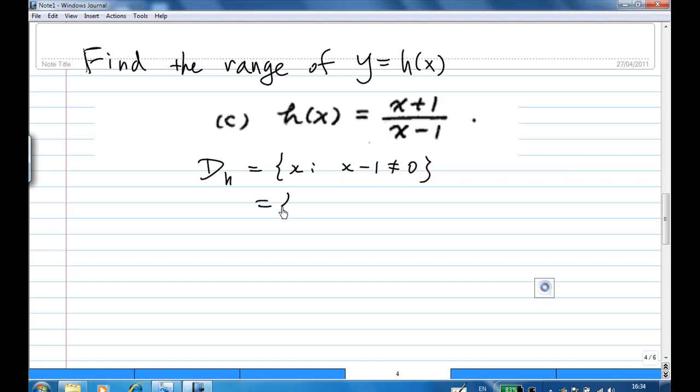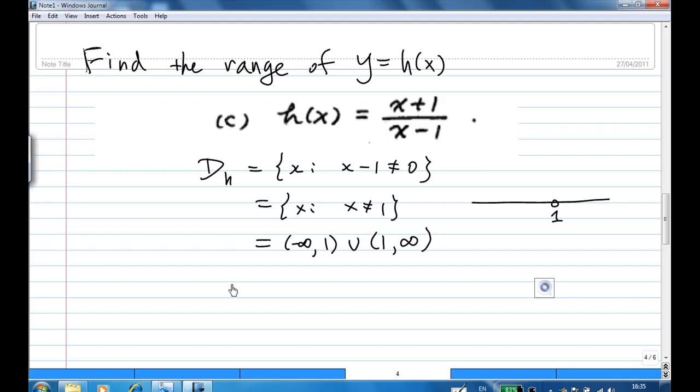That means the domain of h will be x not equal to 1. That means all the real numbers excluding 1. This is from minus infinity to 1 union 1 to infinity, excluding 1.